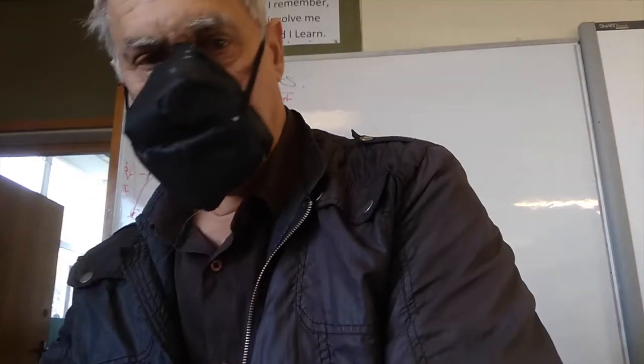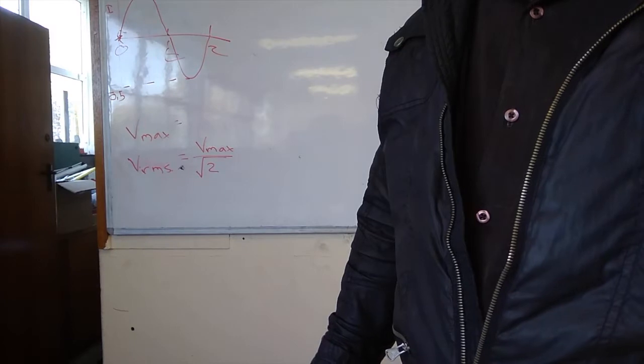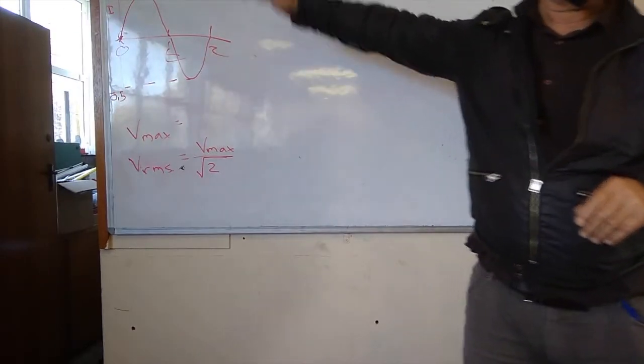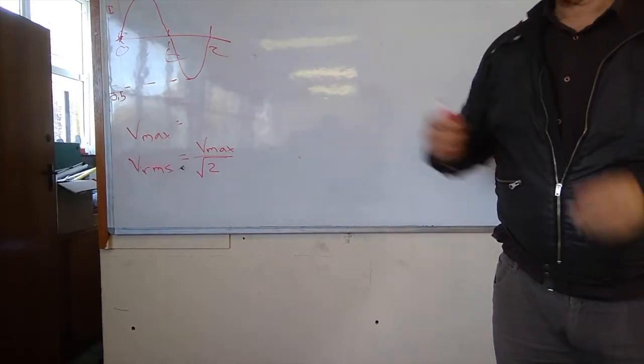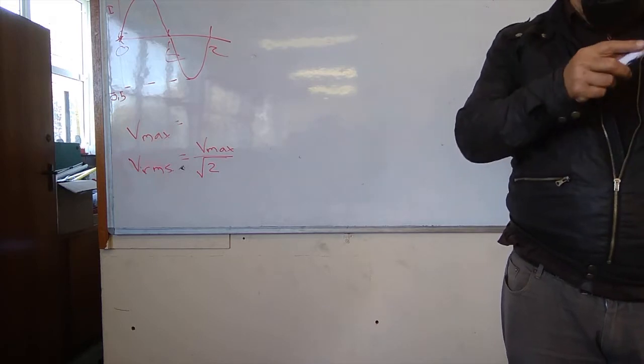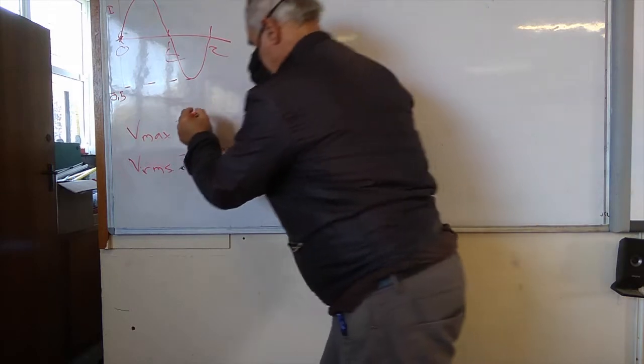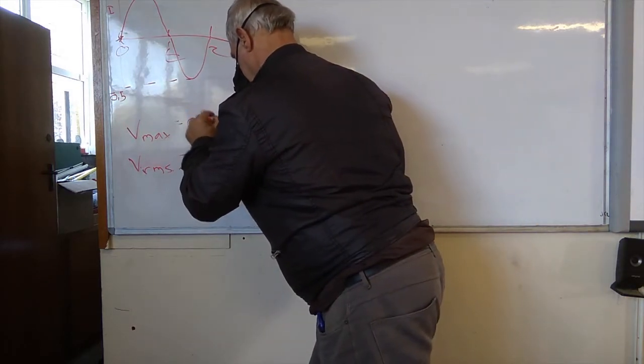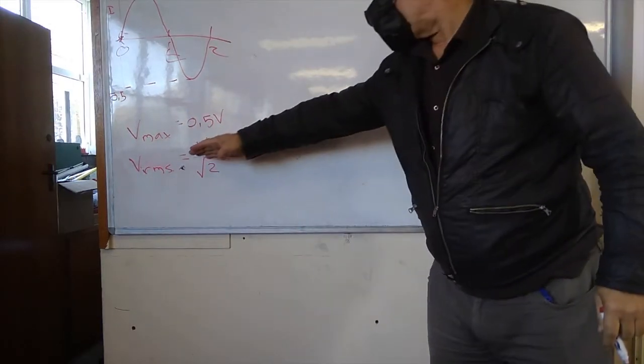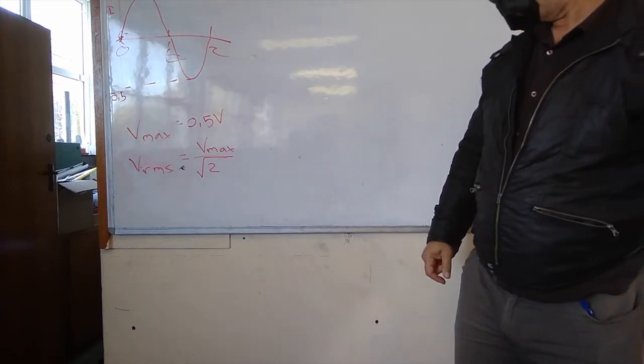So, would someone get out a calculator and work out what is the average voltage that we generated if our maximum is a half? So our Vmax is a half a volt. What is our average voltage?